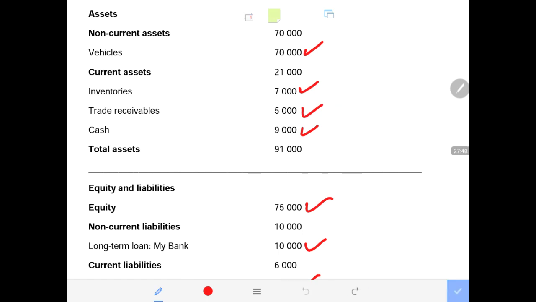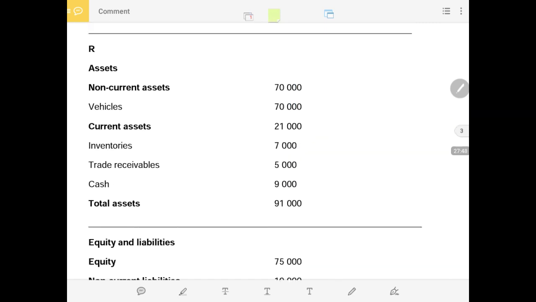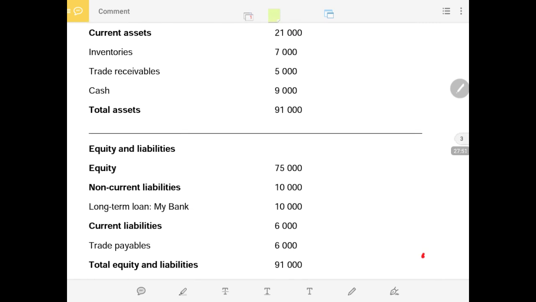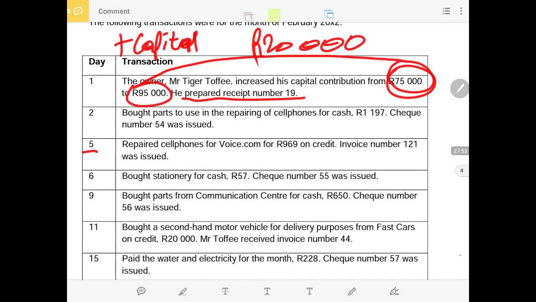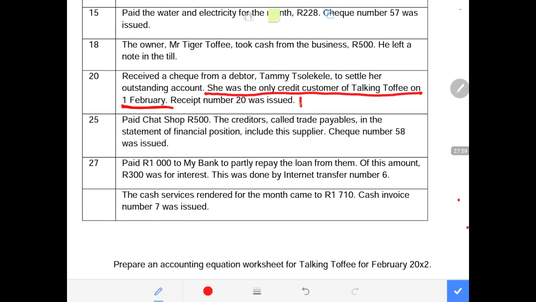What a good customer. What a wonderful customer. Some customers run away these days. Now she came and settled everything that she was owing. This will be indicated as an increase in our bank account because she paid the full amount. So this will be a plus in our bank account.